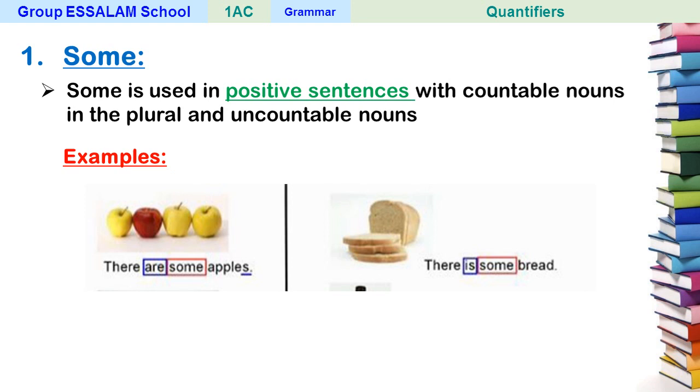We can't add the s, even though we have here a lot of pieces of bread. Anyway, so both of them are positive sentences. Both of them we can use some. So some we can use it with countable nouns in the plural and also with uncountable nouns with positive sentences. All right? That's it.